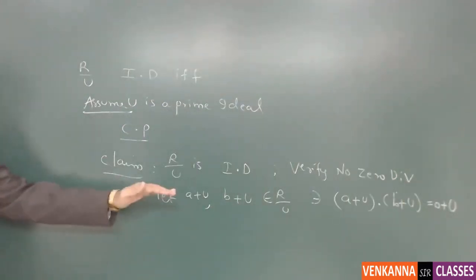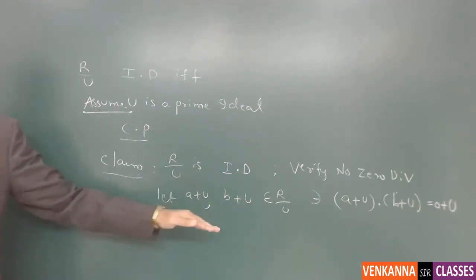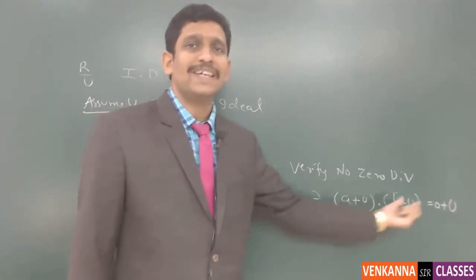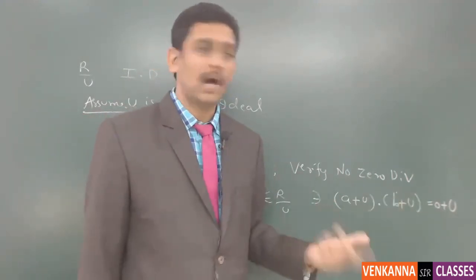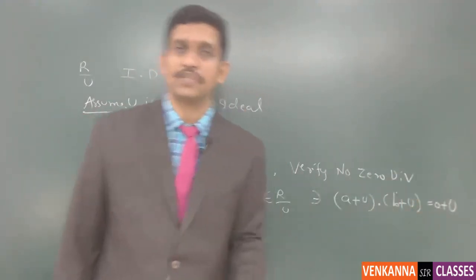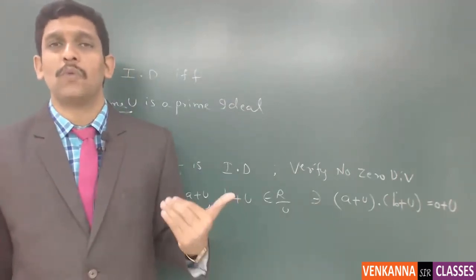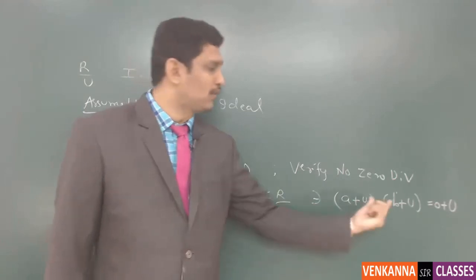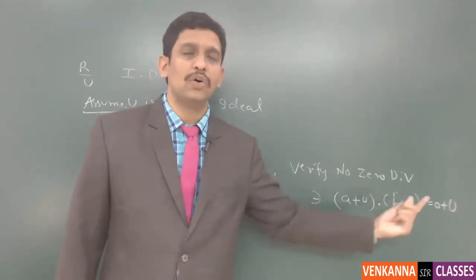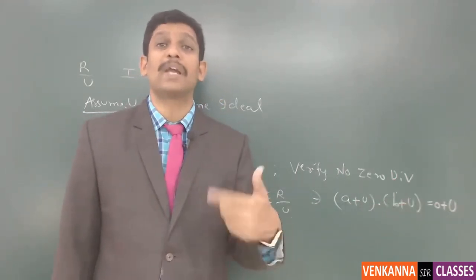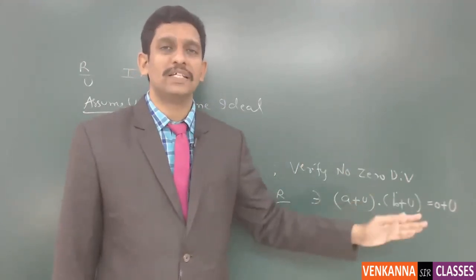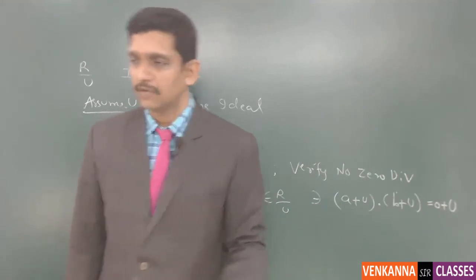Starting with this step, we have to show that either the first value is equal to 0 or the second value is equal to 0. So from this, whenever the product of two values is 0, one of them becomes 0. Therefore, it has no zero divisors as per the definition. Okay?